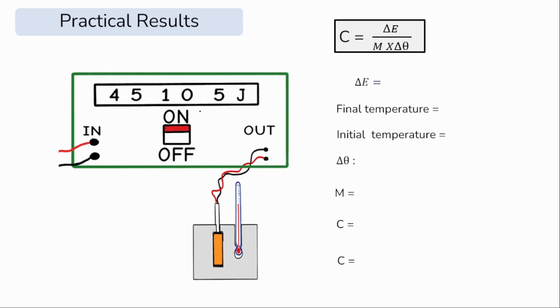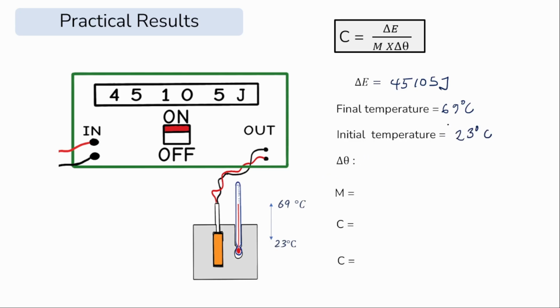After 20 minutes, the joule meter now reads 45,105 joules. The final temperature is 69 degrees Celsius. The initial temperature was 23 degrees Celsius.